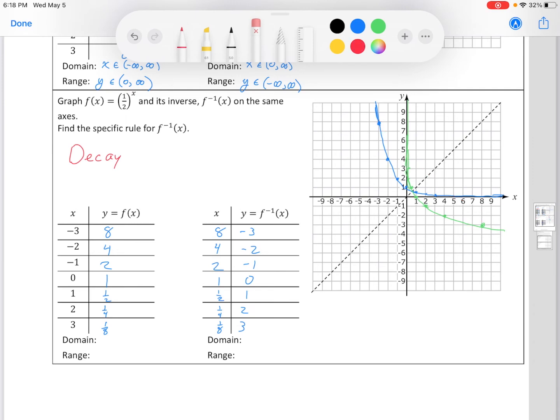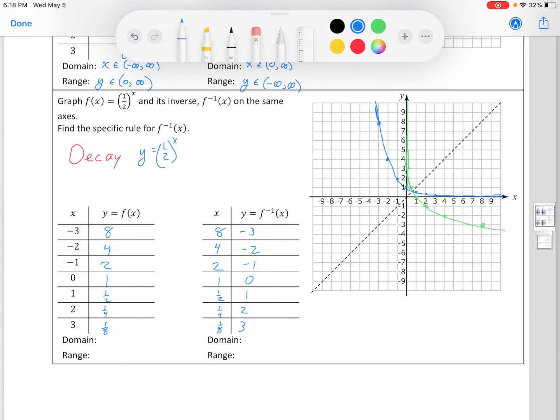Now, let's find out what that particular function might be. And so to find that particular function, we'd remember that our original equation was simply y is equal to 1/2 to the power of x.